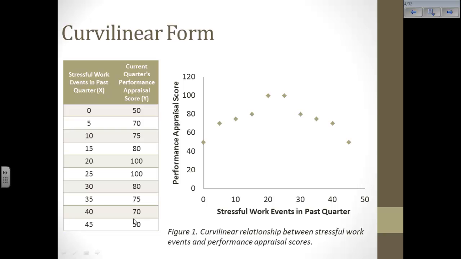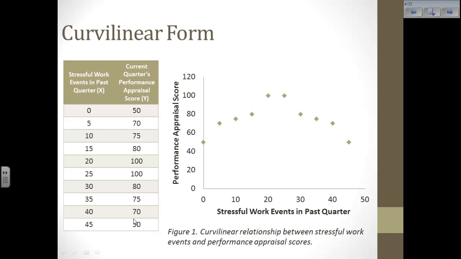But then in really high stress situations, they're just overloaded, or maybe they have conflicting instructions being given to them and it's really stressful and they don't know what to do, or they just got too much going on. They're just overwhelmed and they're stressed out and they can't perform. So then performance would be low in that case. But in the middle, there's like this moderate level of stress. It's kind of like the sweet spot where there's just enough stress to motivate you, but not too much so that you can't perform anymore.